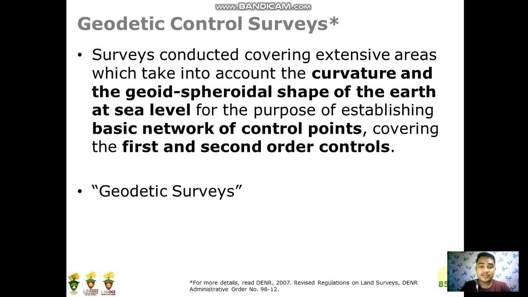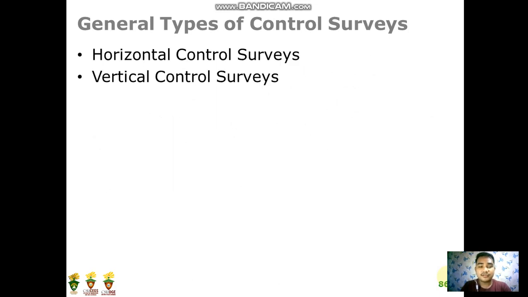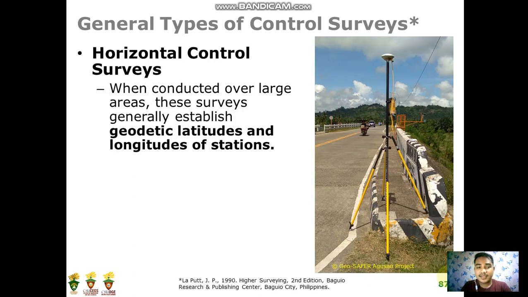And geodetic control surveys is also known as geodetic surveys. So the general types of control surveys, we have horizontal control surveys and vertical control surveys. So when we say horizontal control surveys, it is conducted over large areas, and these surveys are generally to establish the geodetic latitudes and longitudes of the station.